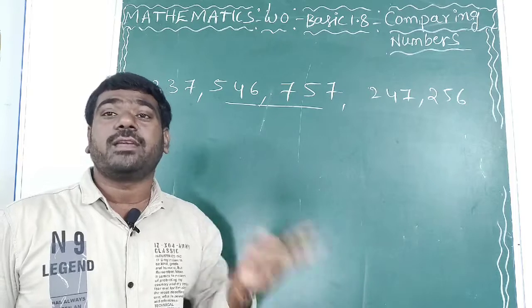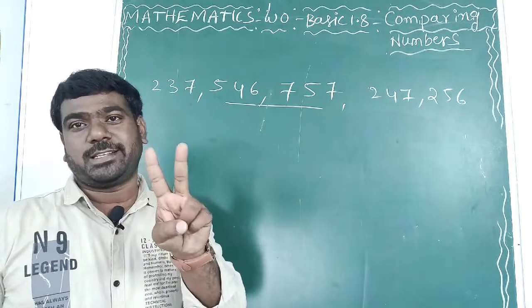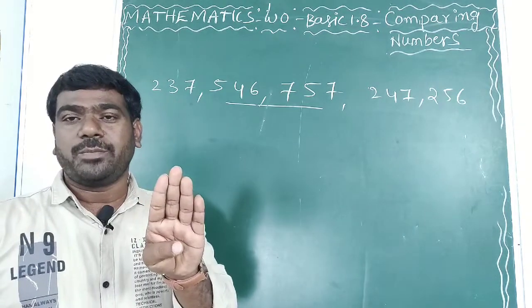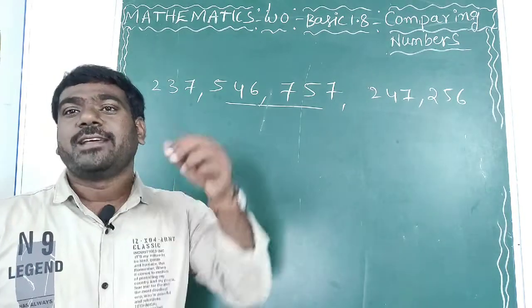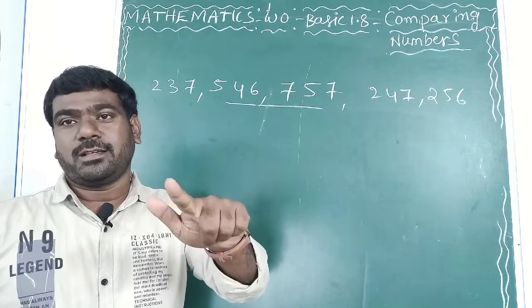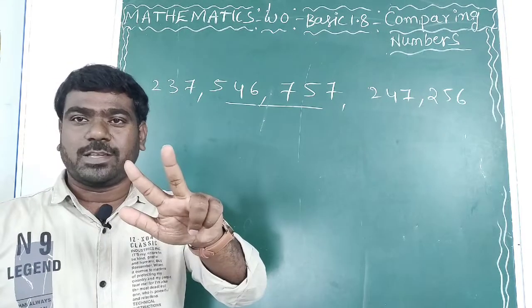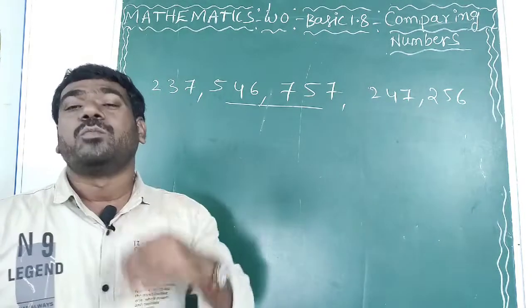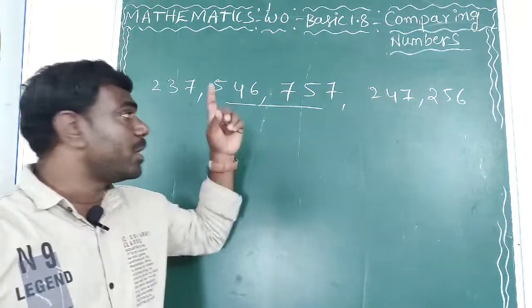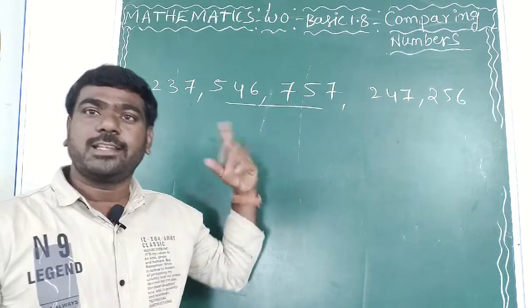When we have more than two numbers, remember, more than two numbers. If only two numbers, we apply greater than, lesser than or equal symbol. These three symbols are for only two numbers. For more than two, we have to apply ascending order or descending order.